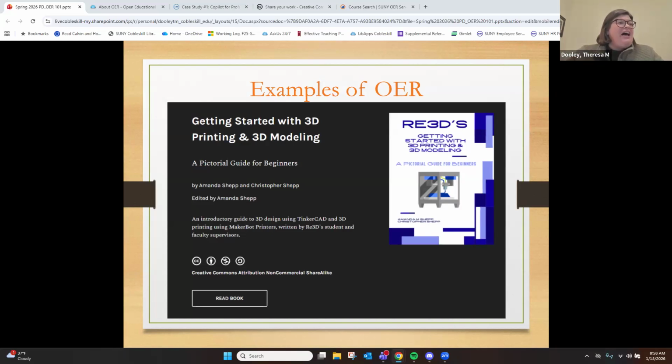So the students and the supervisors from the area, I'm assuming it's their 3D printing system. But that's really a good example of open pedagogy in action, right? You have students who now all have publishing credits. They have this as part of their resume, their portfolio, and future students can continue to update this as 3D technology advances.